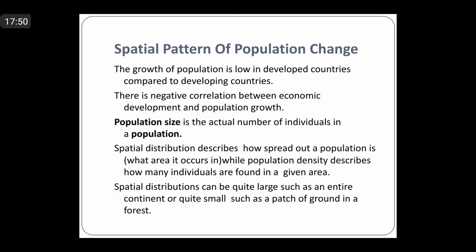Okay. Now, population size, I told you about this, that the population size is the actual number of individuals in the population. Suppose that I can make you understand as far as the size of population is concerned, that in your class on roll there are 37 students, and if 2 more would be added, then there would be 39. So what would you say, the size of population or the growth?